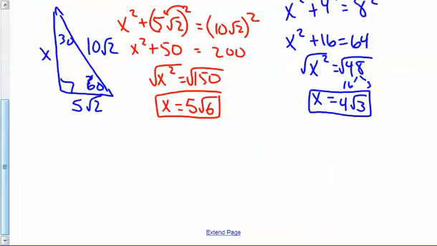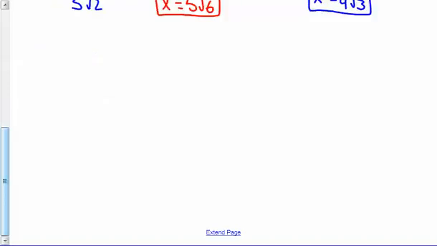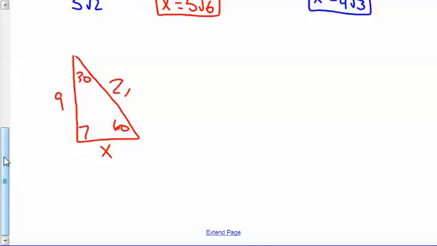All right? So let's look at one more. Let's say I give you this side, and we'll call it 9. Okay? So if this is 9, and that's the 60 side, the 30 side has to be x, and the hypotenuse has to be 2 times x, because it's twice as big. So how would you do the Pythagorean theorem with this?